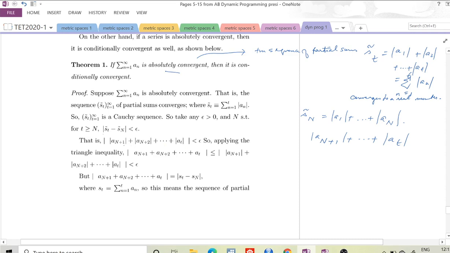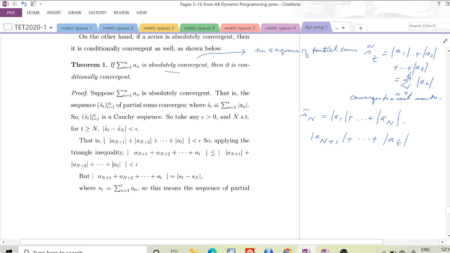Notice that all of these are non-negative because they're absolute values. So in fact, I can remove the absolute sign. It's just that these are less than epsilon, right? And you can see that this makes sense because if the series is absolutely convergent, then beyond a certain capital N, everything must become very, very small, practically zero, for there to be a limit, right?